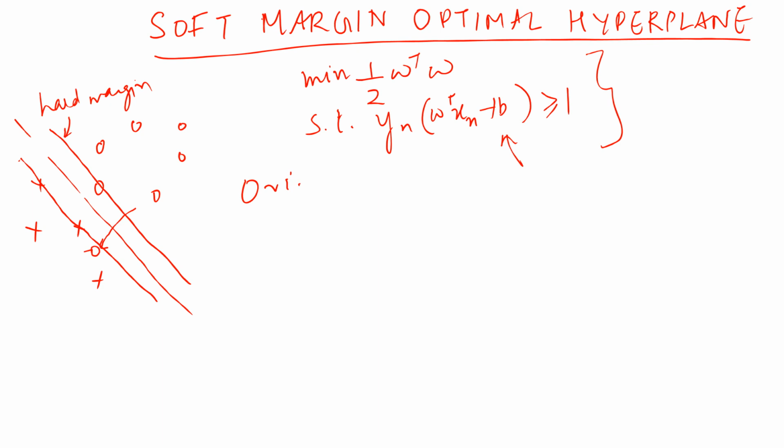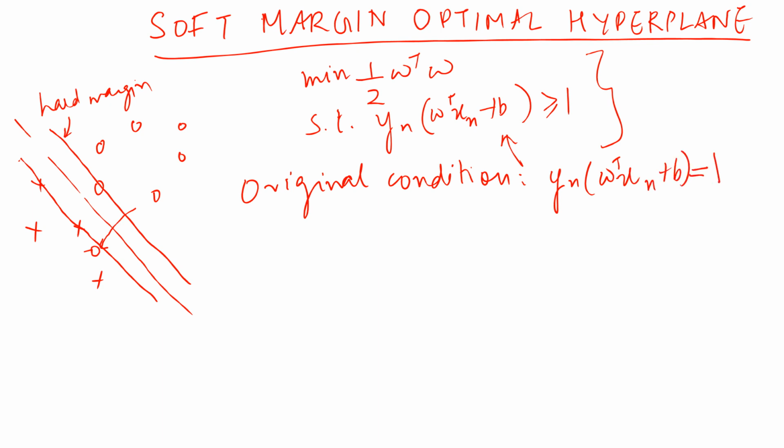So let me write it again. The original condition of separability looked something like this: y_n (w^T x_n + b) = 1. Then we decided to loosen this a little bit, and of course there are some data points that always achieve that equality, and those are the support vectors.